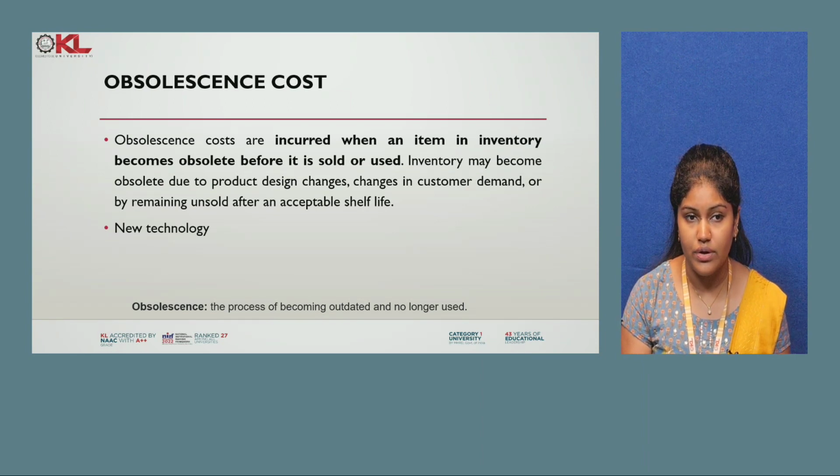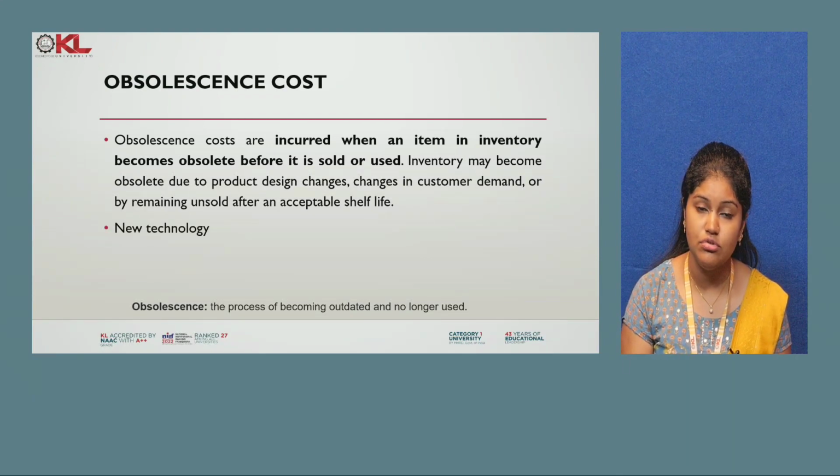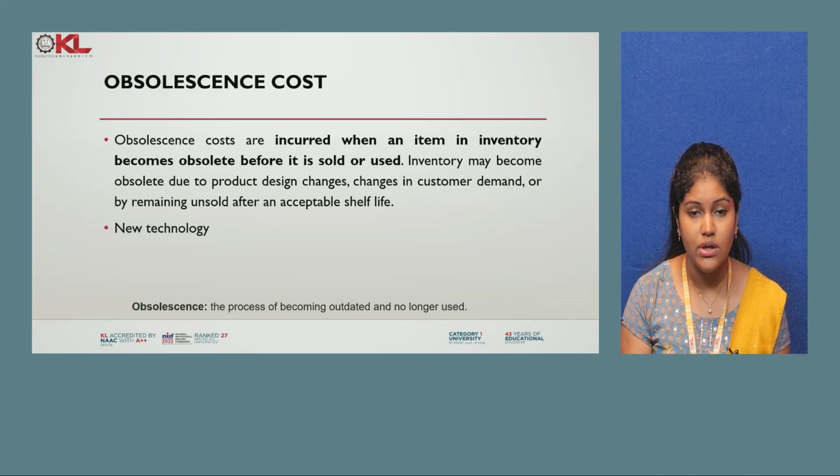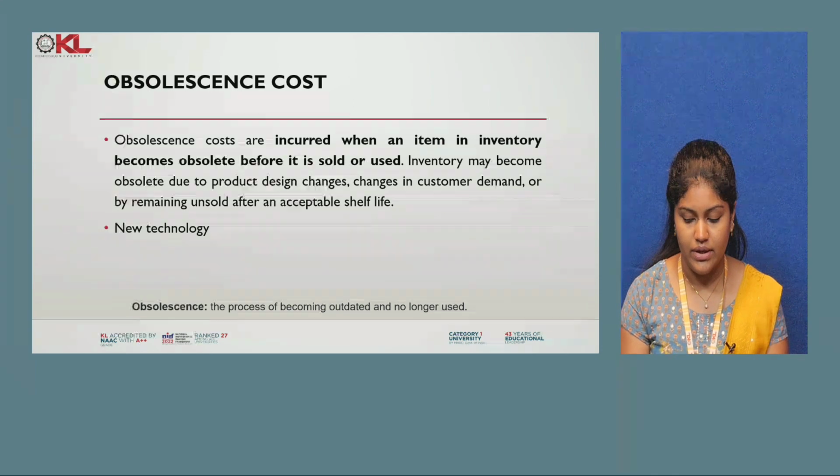We can't even sell it as a second hand item, so that amount will be lost. There will not be any shelf life for that equipment, and new technology has to be purchased. If any new software comes, we have to purchase the new software and throw out the old software. At that time this obsolescence cost will be incurred.